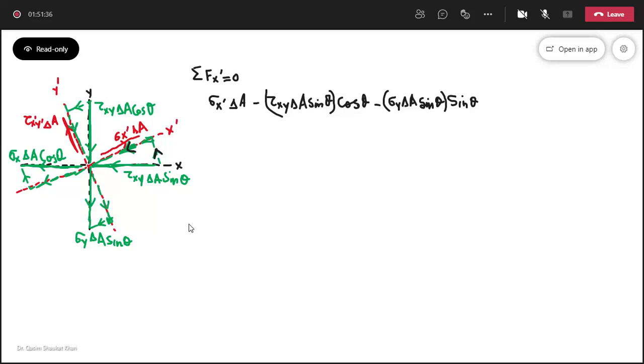Okay, then comes sigma x delta A cos theta, and the component is this one. Again it acts towards the negative side.